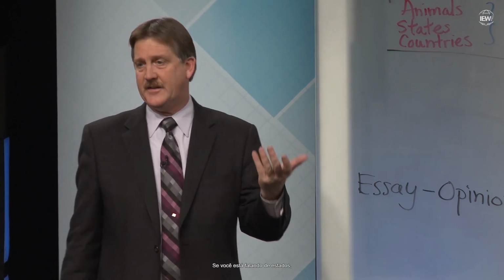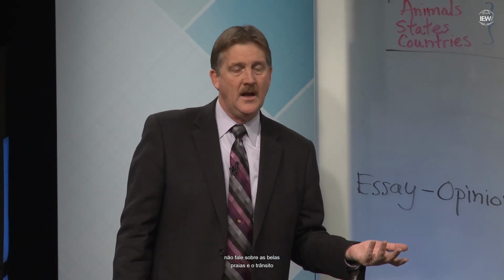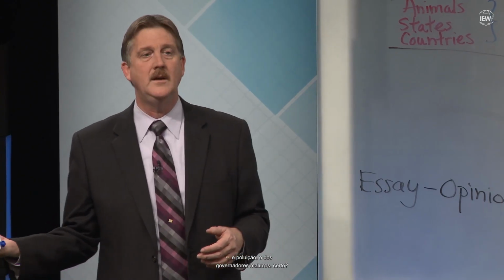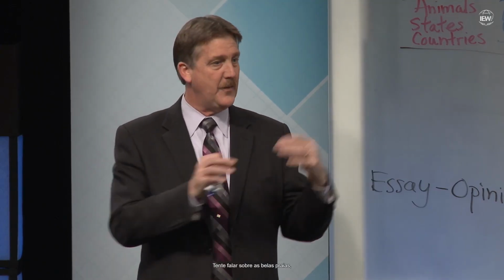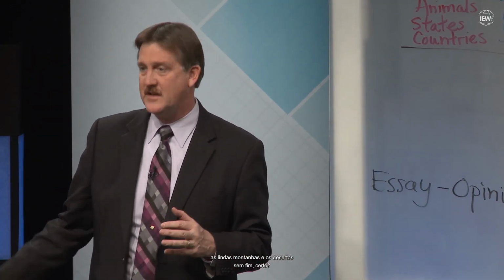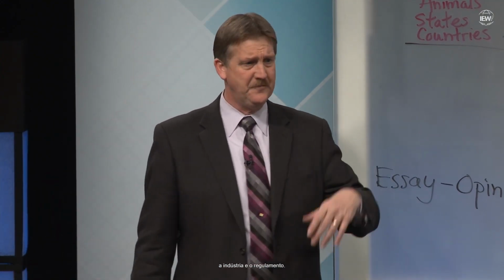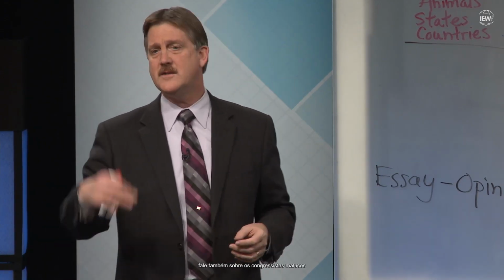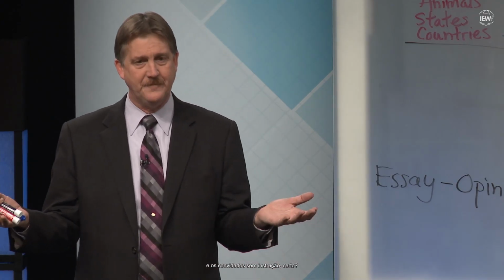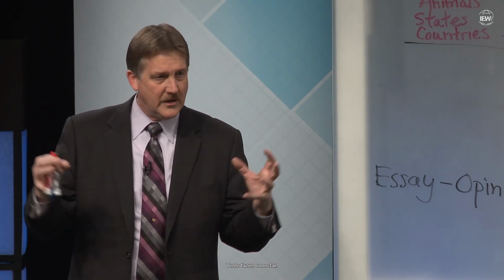If you're talking about states, don't talk about the beautiful beaches and the traffic and pollution and the crazy governors, right? Try and talk about the beautiful beaches, the lovely mountains, and the stunning deserts, right? Or the traffic and pollution and the industry and the regulation. Or if you're going to talk about the crazy governors, talk also about the crazy congressmen and the uneducated voters, right? Try to get your topics connected.